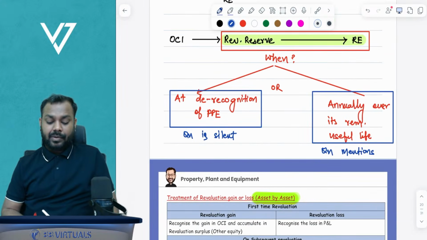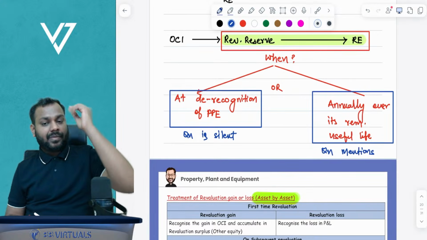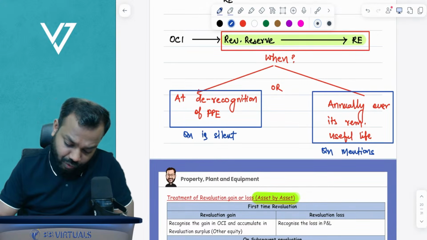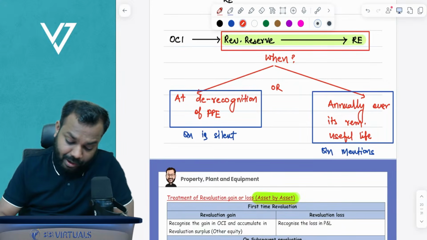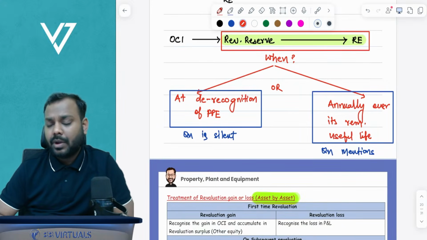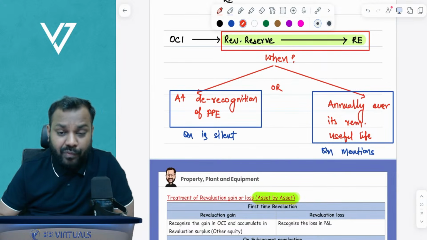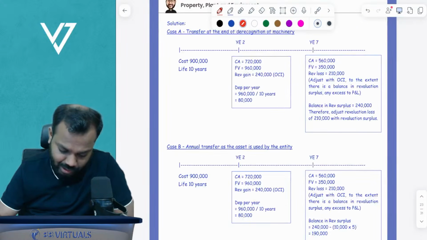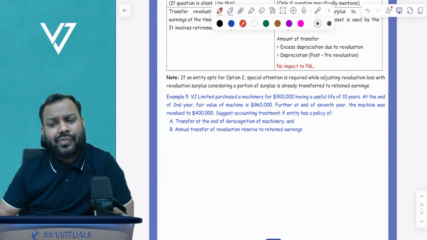Is that clear, everyone? Now, do you want me to take up an example for both and discuss? I do have an example, don't worry. Whatever you think of, I have everything.